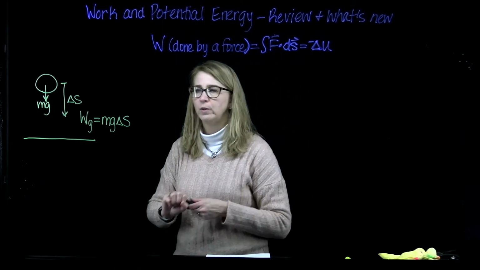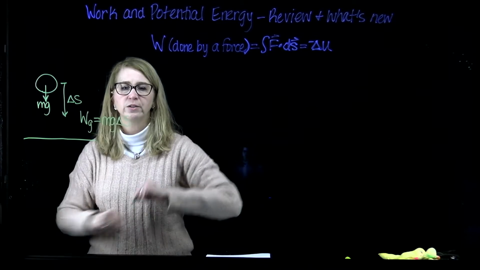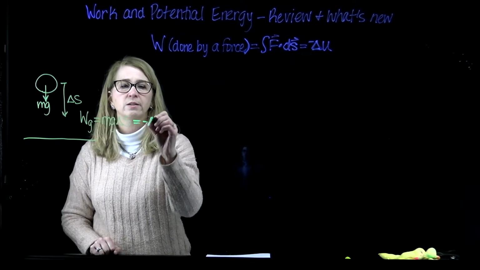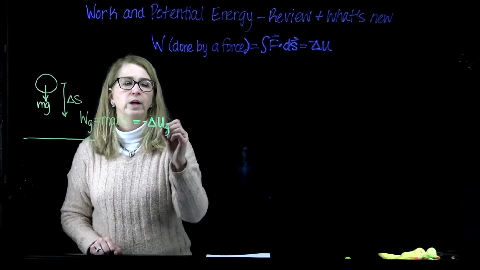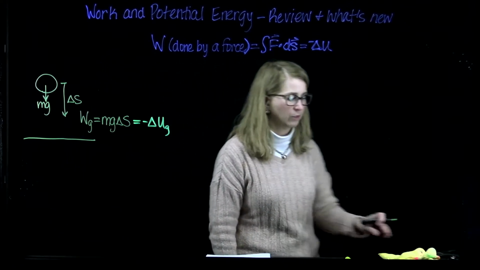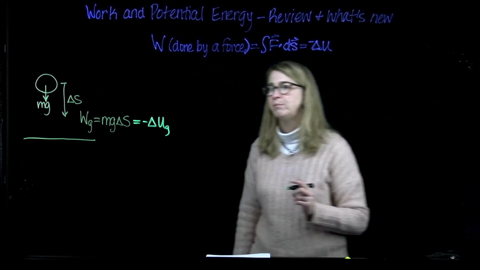And so let's think about what that means in the context of this expression. This is equal to minus delta U, where I'm really speaking about the gravitational potential energy.